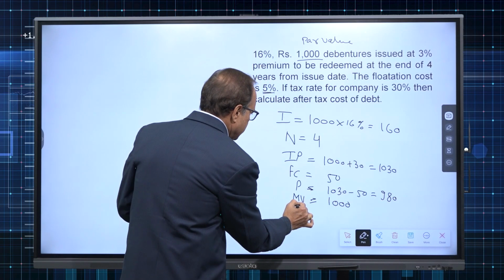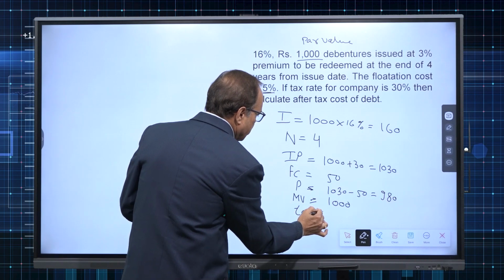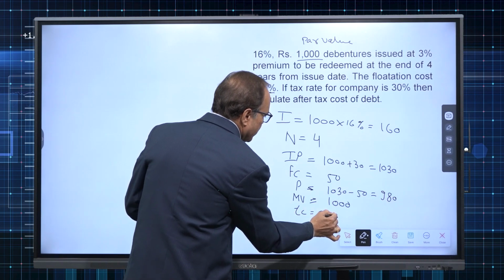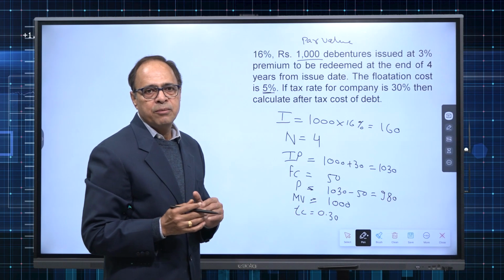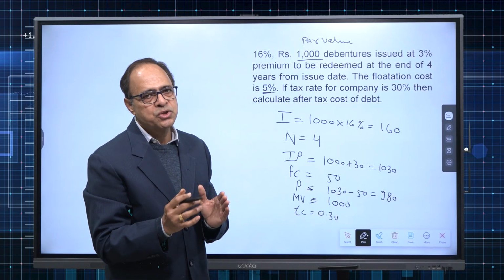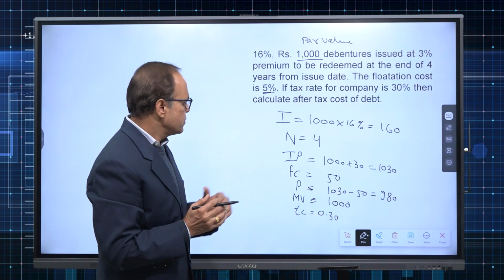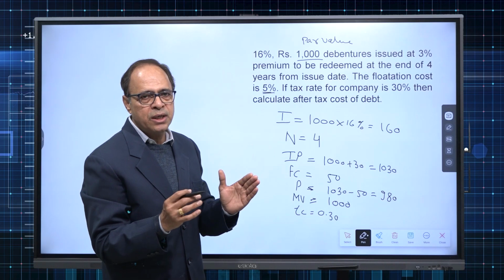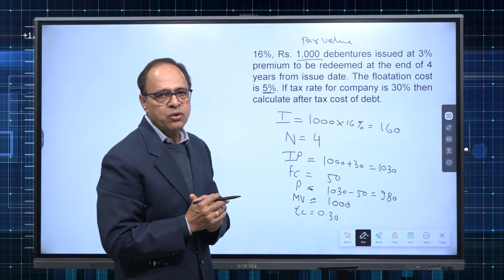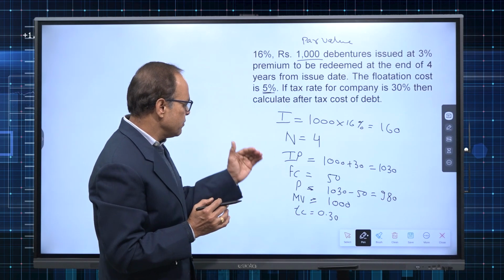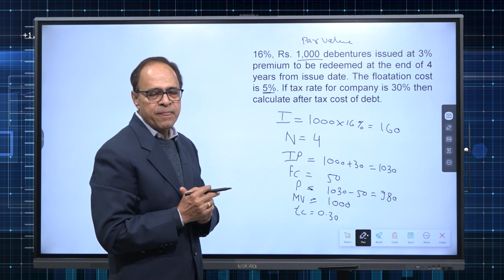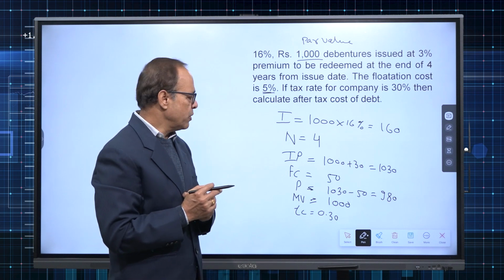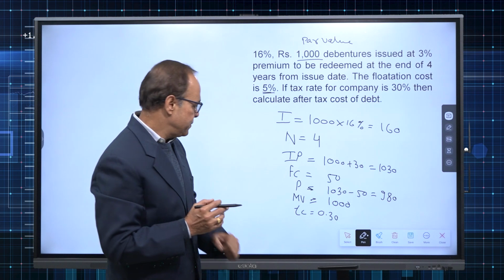And now TC which we have is 30%, 0.30. So you can very well calculate pre-tax cost of debt and post-tax cost of debt. So these are the parameters. So once you have the parameters and the formula, you can easily calculate cost of debt. So that is what we have listed, the parameters. Now we can proceed further for practicing another numerical.